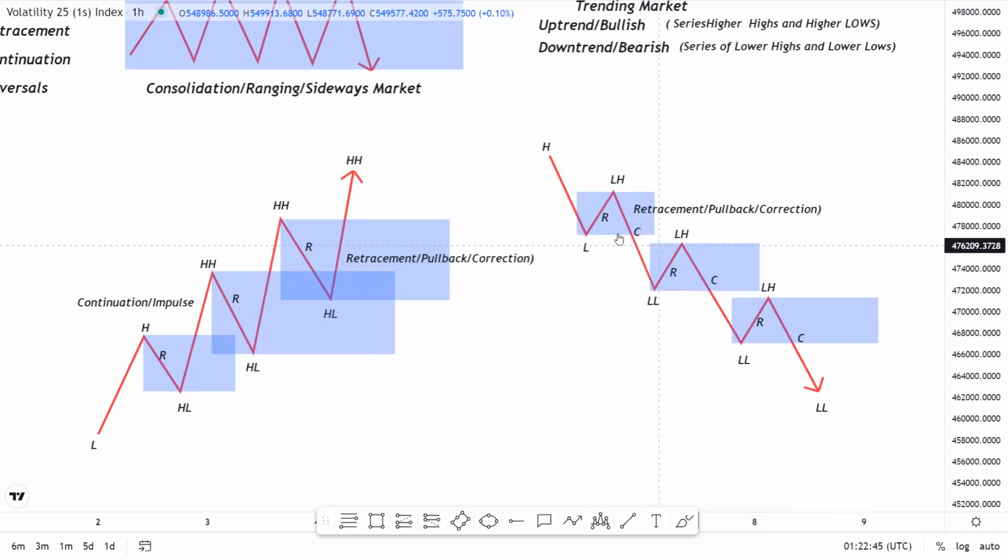So for a downtrending market, we have the temporary buys kicking into the market, being our retracement, and then the longer sells being the continuation movement.